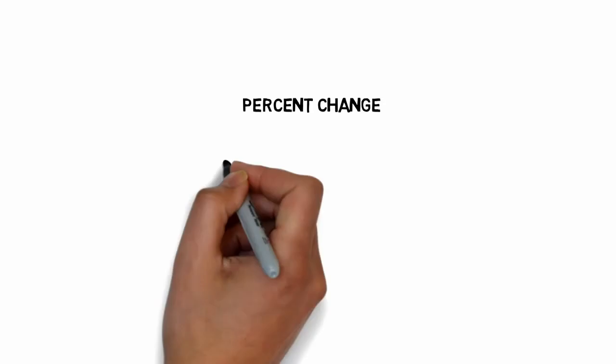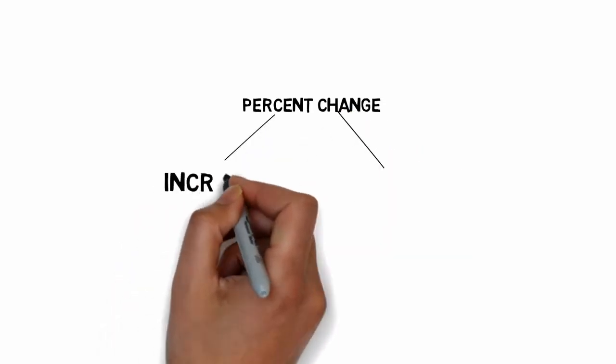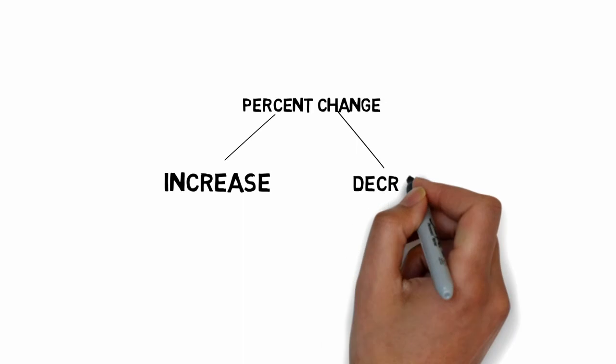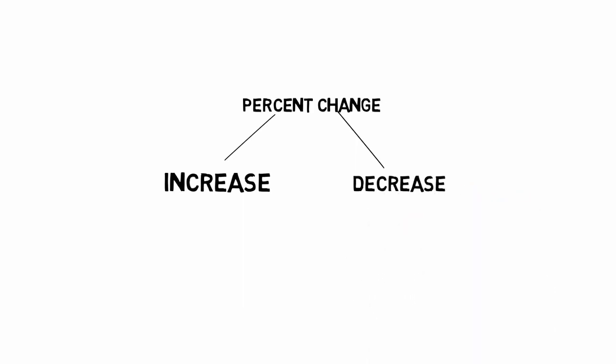Confusing? Okay, let's make it simple. Percentage change can be of two types, increase or decrease. And I have another formula to make it simple.